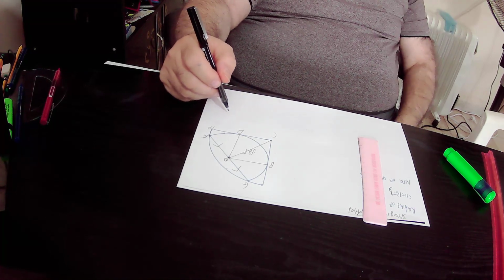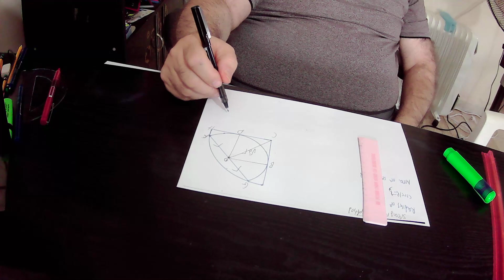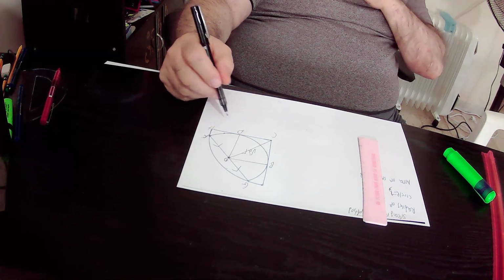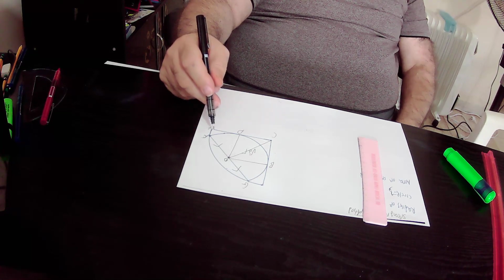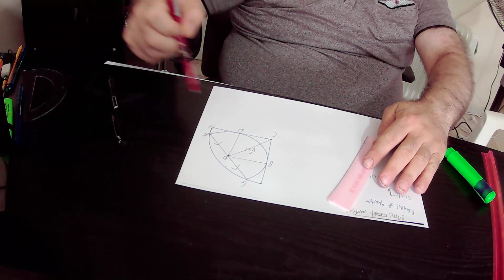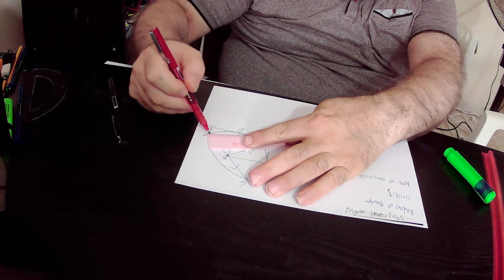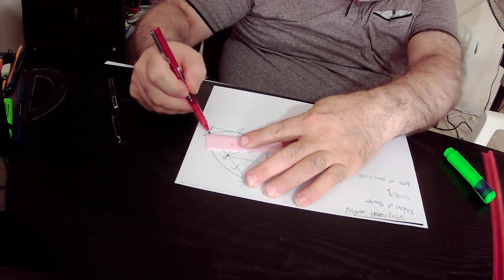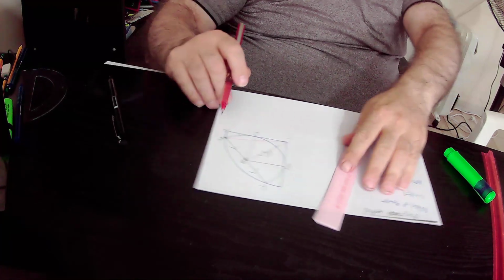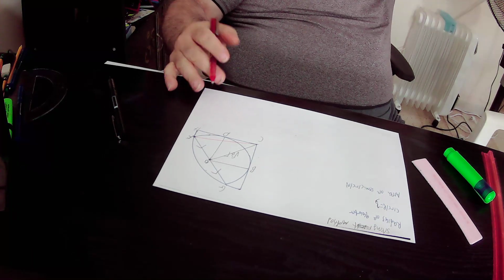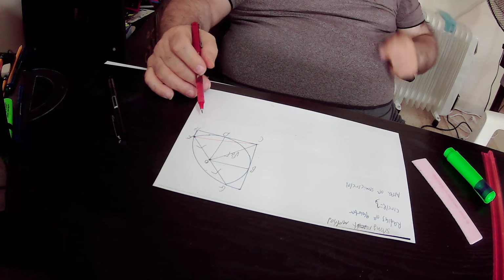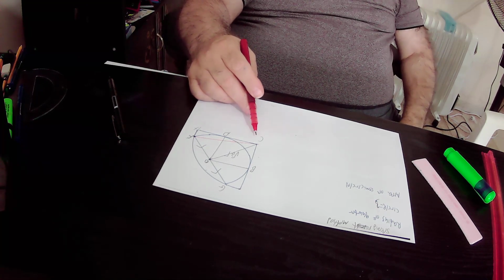And here, in the second method, we will join points C and F together by a straight line. So what is the length of line segment CF? We know that C is the center of the quarter circle.